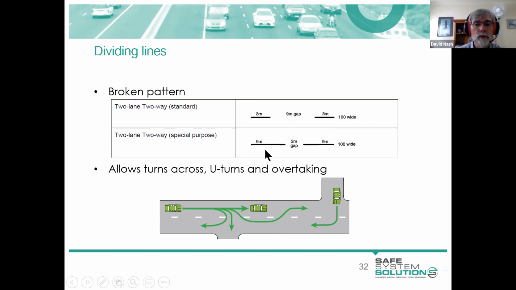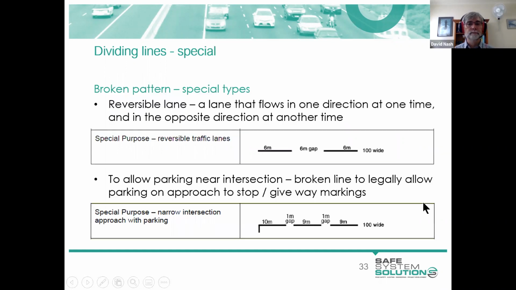So that's for special purposes. And if you have a simple broken dividing line, then all turns, U-turns, overtaking, everything is allowed across that line, which I'm sure you all know.